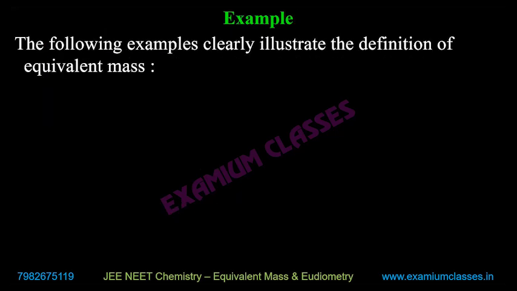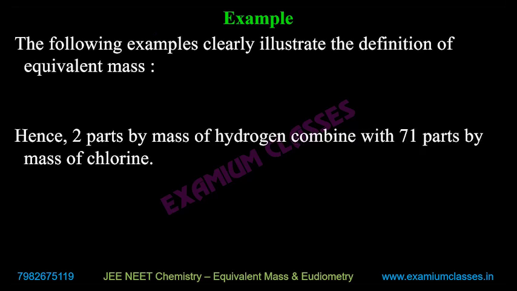Example, the following examples clearly illustrate the definition of equivalent mass, okay? 2 parts by mass of hydrogen combines with 71 parts by mass of chlorine. It means here 2 grams of hydrogen combines with 2 into 35.5, that is 71 grams of chlorine.